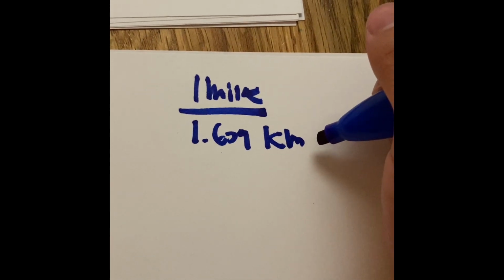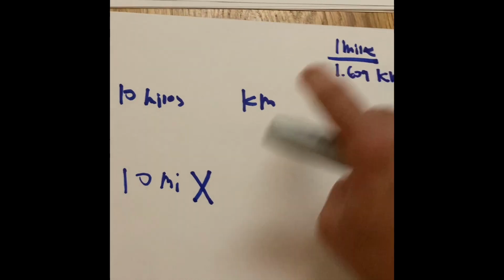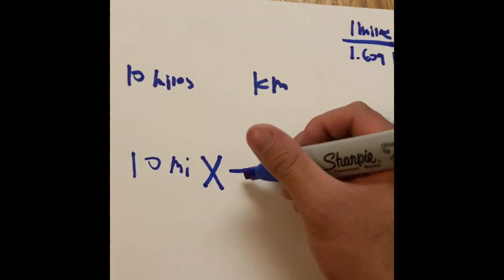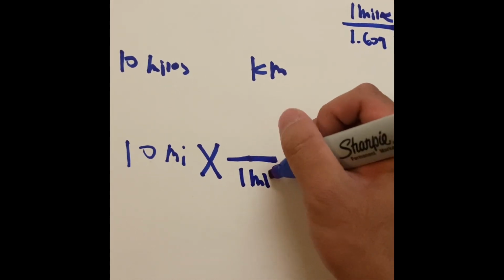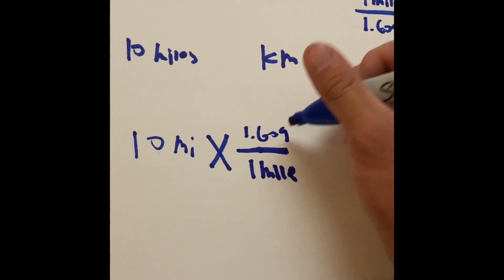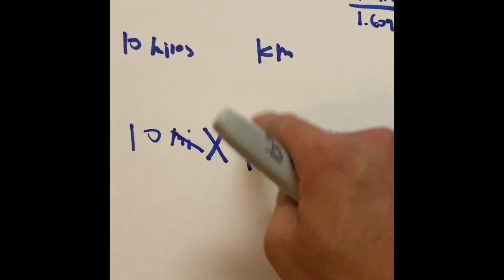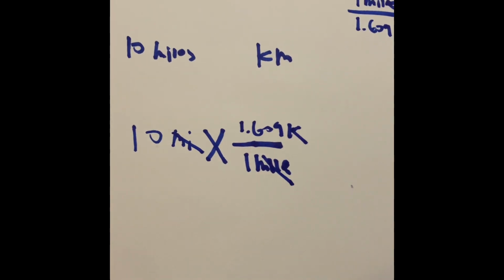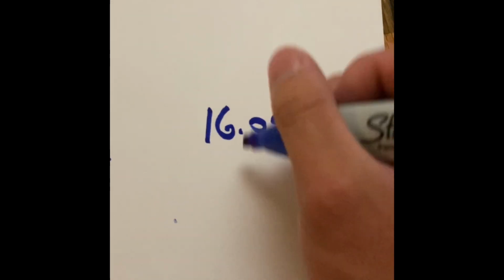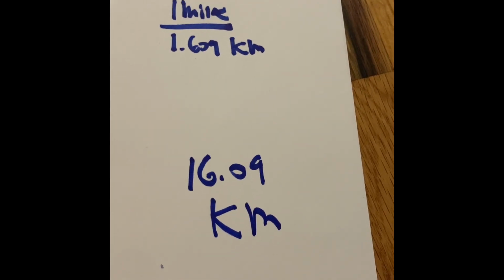If we're trying to find kilometers, we put the mile on the bottom of the fraction, the denominator, and kilometers on the top, because that's what we're trying to find. Cancel the miles out. 10 times 1.609 is going to equal 16.09 kilometers. That is going from the imperial to the metric system.